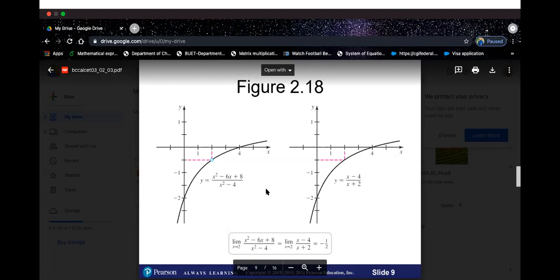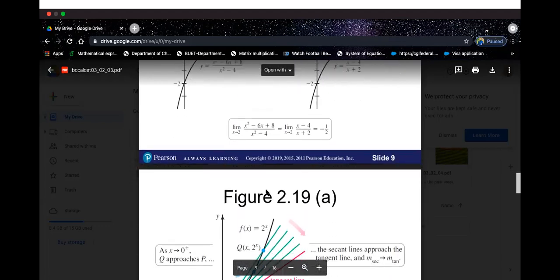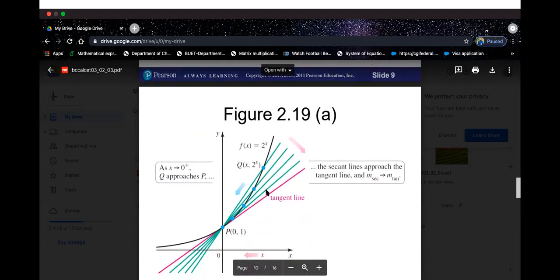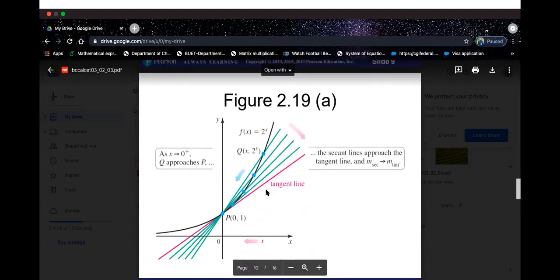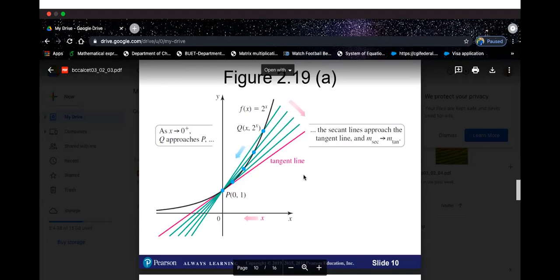Okay, let's move on then. And finally, we are here to the secant and tangent line. Let's see what information we can derive from it. Okay, so we have a graph for the function 2 to the power x. It's an exponential function.